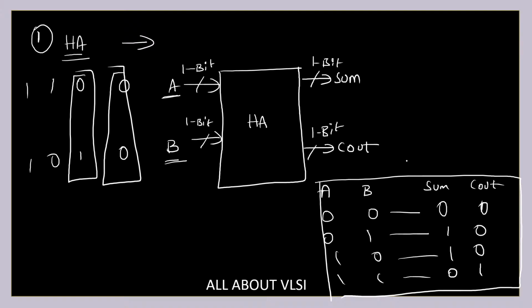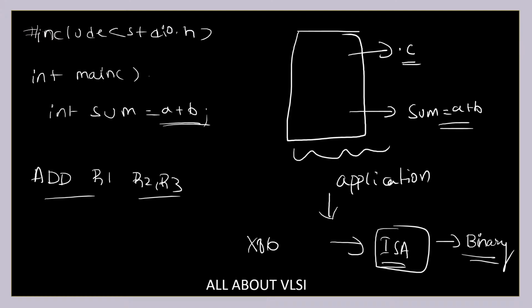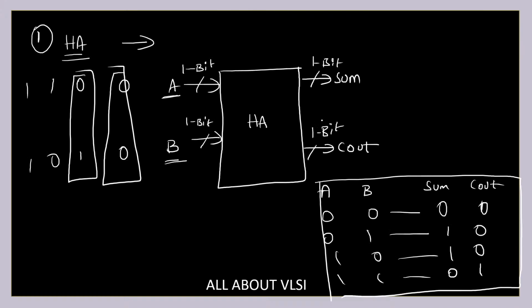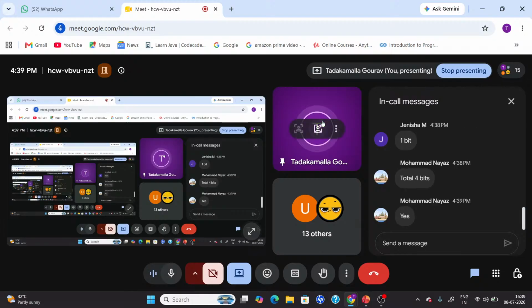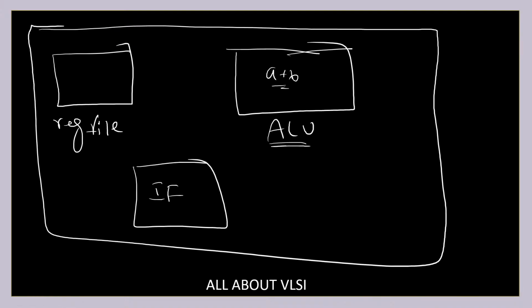Now my question is, can I use the simple half adder circuit for implementing this ALU operation, A plus B, where A is of 32 bits, B is of 32 bits and Sum is of 32 bits? Can I use a single half adder for implementing this operation in my ALU?